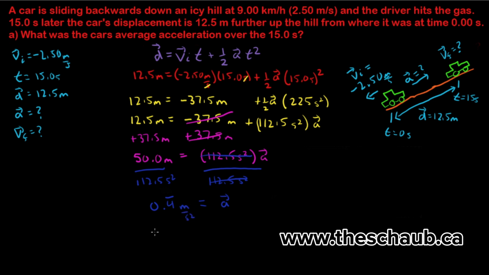So we write this to end this question as 0.444 meters per second squared, which is equal to our acceleration. We can just get our units from right here, meters per second squared. And before starting part B, we can add our acceleration to our list of variables, 0.444 meters per second squared.